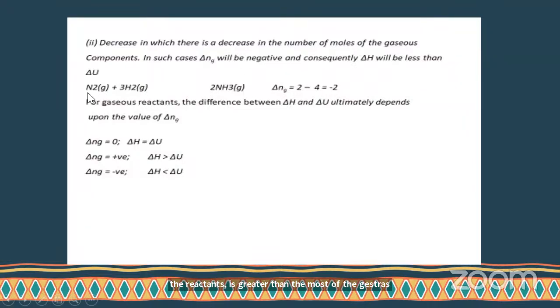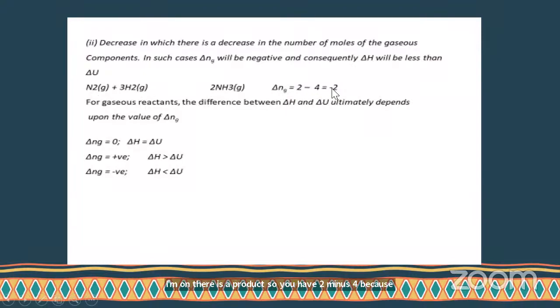So here you have 1 mole of nitrogen gas reacting with 3 moles of hydrogen gas to give us 2 moles of ammonia. Ammonia is the product. So you have 2 minus 4, because 3 plus 1 gives us 4.